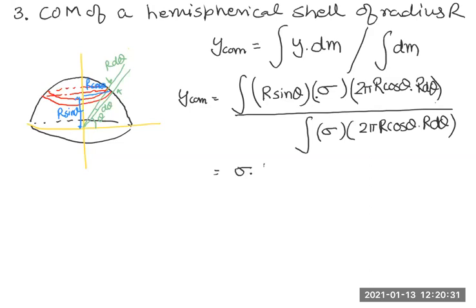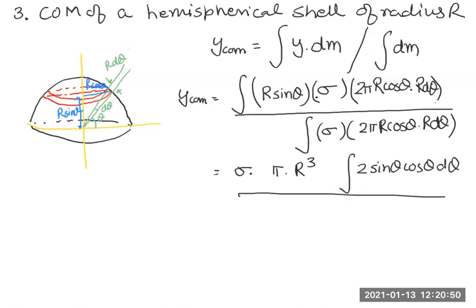Sigma into 2 pi r cube. In fact, मैं 2 को नहीं निकालना चाहता हूँ. Let me not take out 2. So this will be integral 2 sine theta cos theta d theta divided by sigma 2 pi r square integral of cos theta d theta.